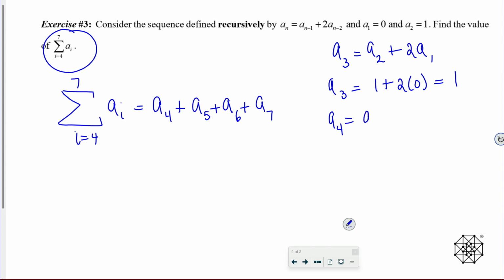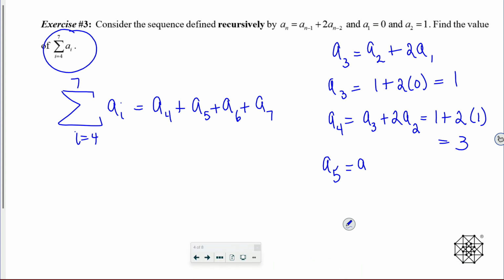A4 is going to be A3 plus 2 times A2, so that's going to be 1 plus 2 times 1, and that means A4 is going to be 3. A5 is going to be A4 plus 2 times A3.